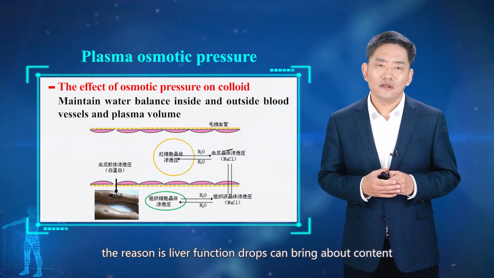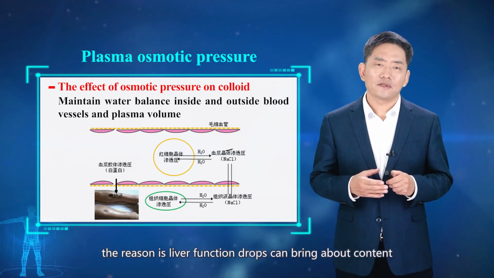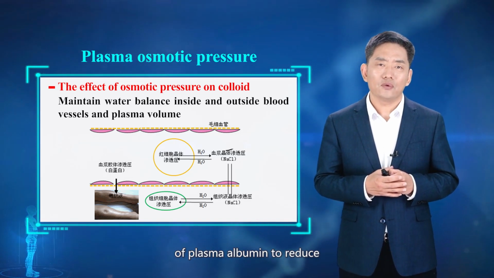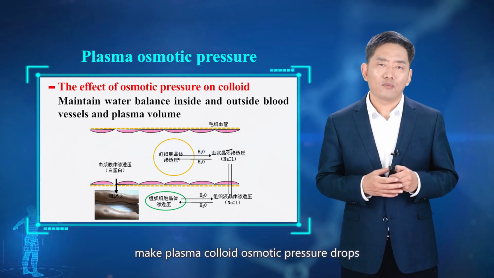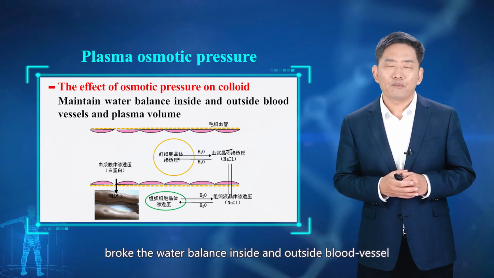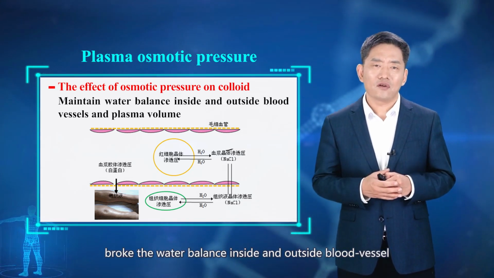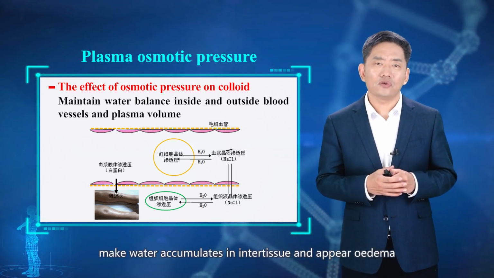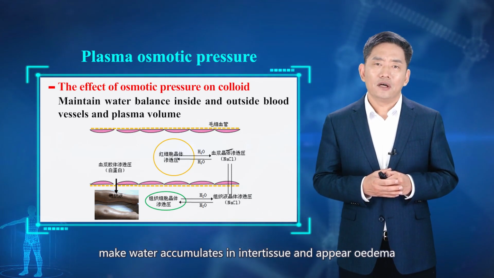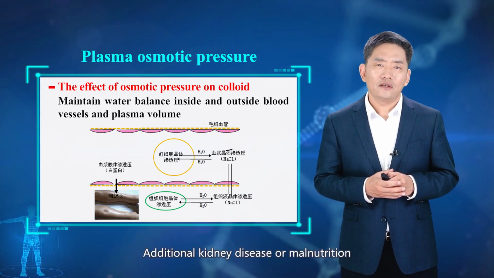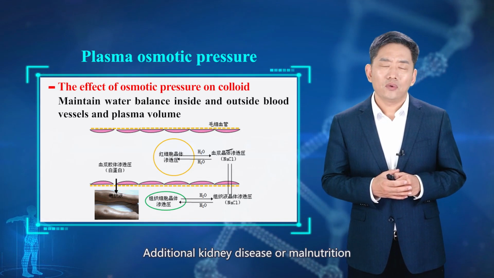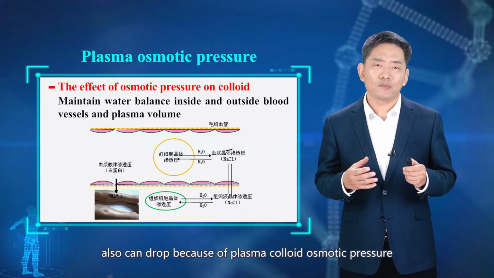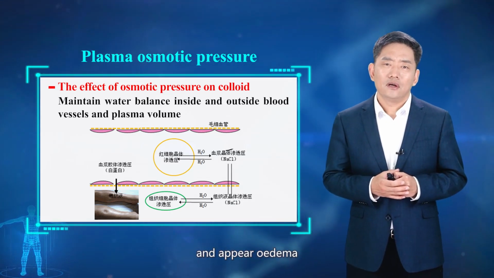The reason is that a drop in liver function reduces the content of plasma albumin, making plasma colloid osmotic pressure drop, breaking the water balance inside and outside the blood vessel, so water accumulates in tissue and ascites appears. Kidney diseases or malnutrition can also lower plasma colloid osmotic pressure and cause edema.